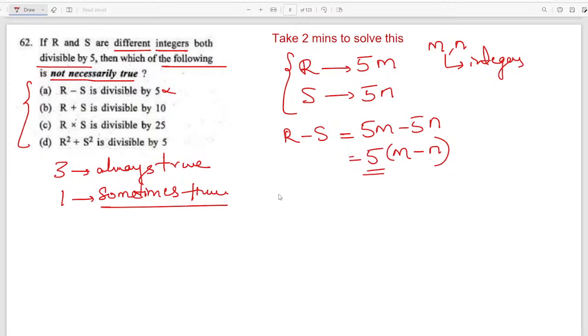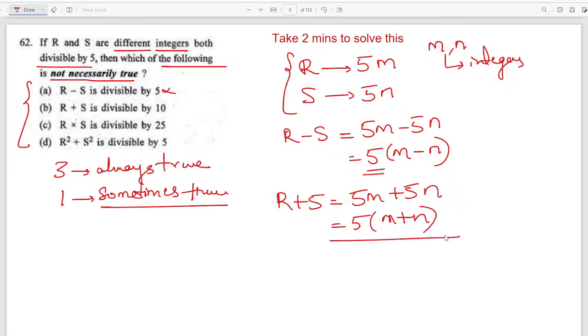Then R plus S. So 5m plus 5n. We take 5 common, m plus n. This number is always divisible by 5. But this number may or may not be divisible by 10. It is divisible by 10 if m plus n is an even number.